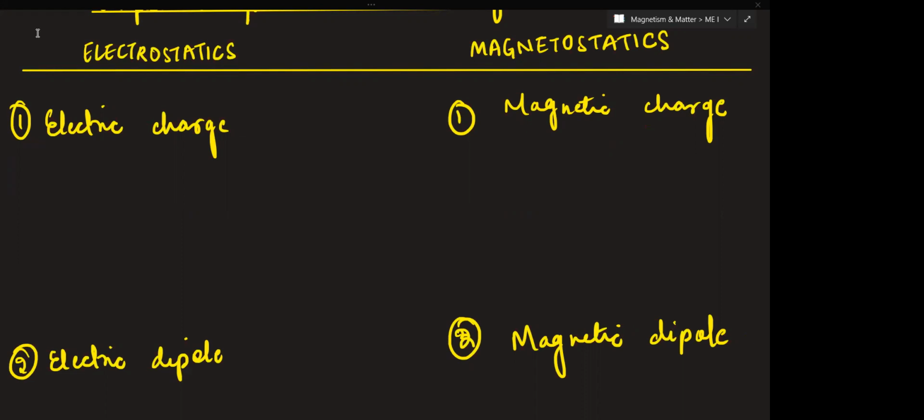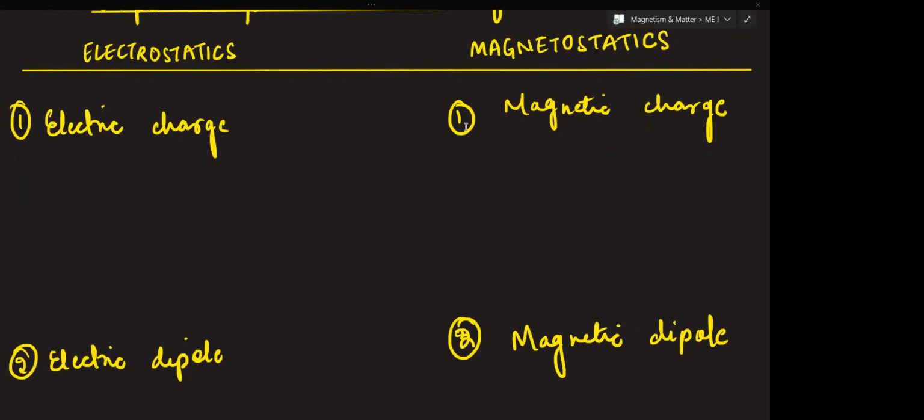Starting with the first quantity, that is electric charge. We are doing this in this manner because some of the topics we have not discussed together, for example electric charge and electric dipole. Now, electric charge is the basic or intrinsic property of matter that gives rise to various phenomena, like electric force, electric field, electric potential.